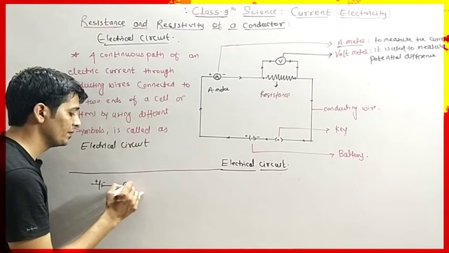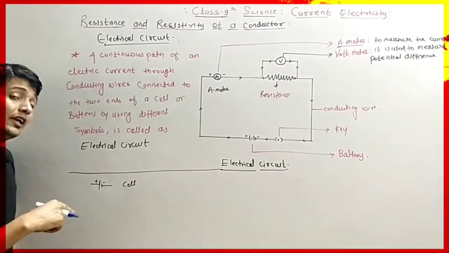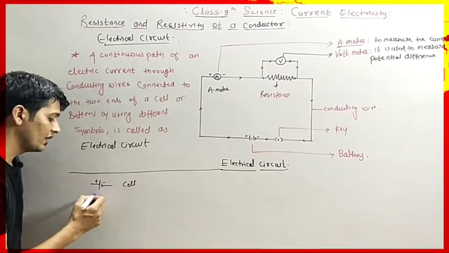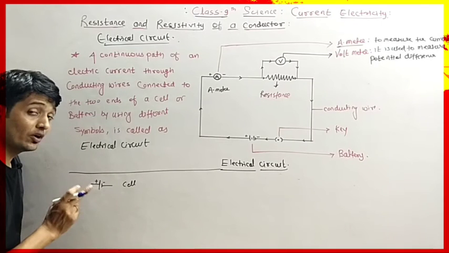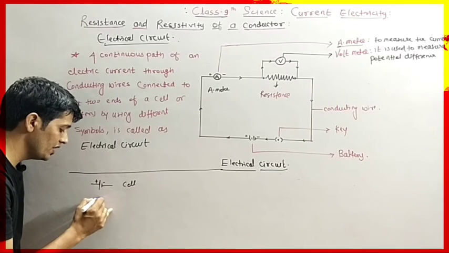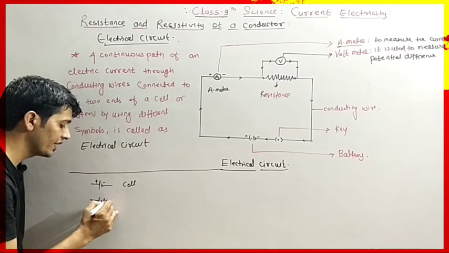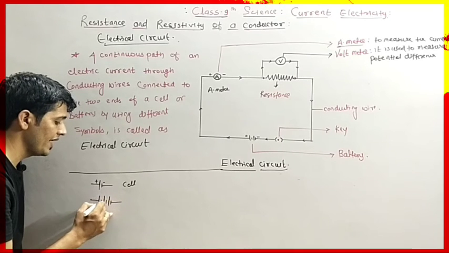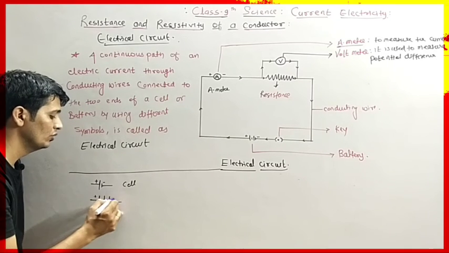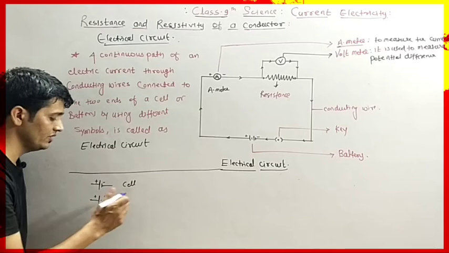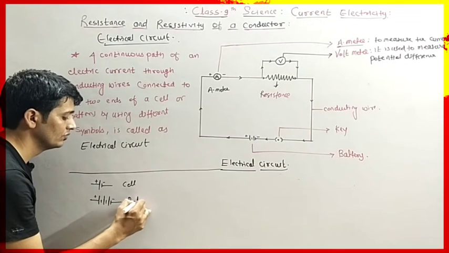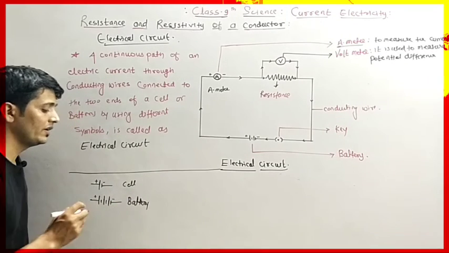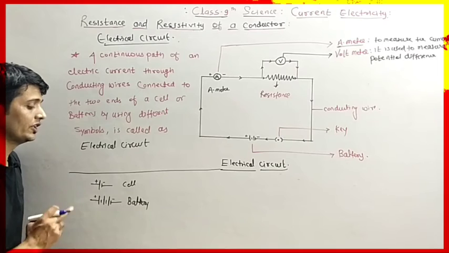When more than one cell is connected in a circuit, it is called a battery. Here it is one cell, second cell, third cell. You can connect as many cells as required. So the battery contains two or more cells.